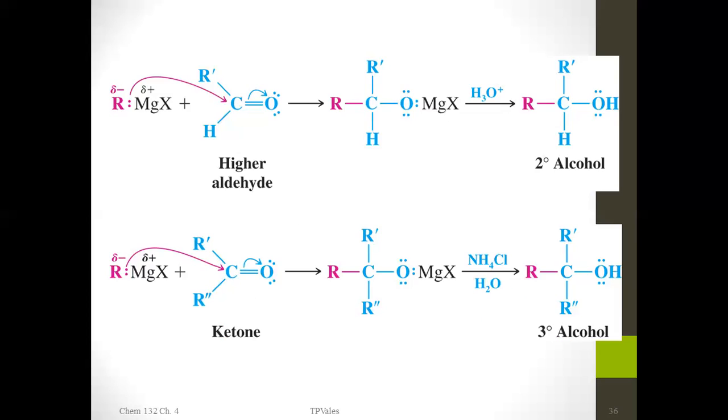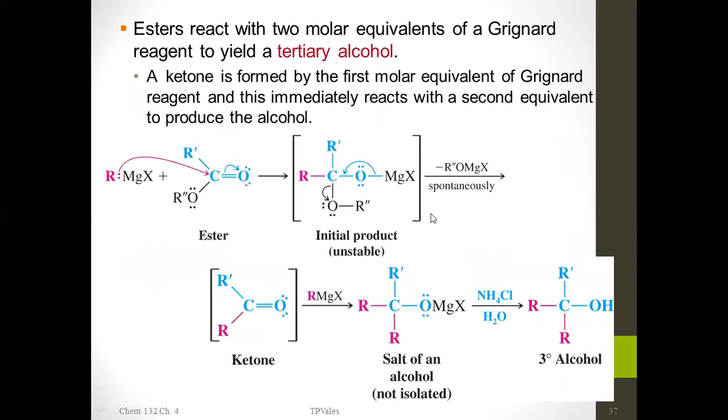But in this case, you first have an unstable product, and then you finally get your ketone, and then with another mole of that, you get your salt of an alcohol, and then a 3-degree alcohol with acidification.